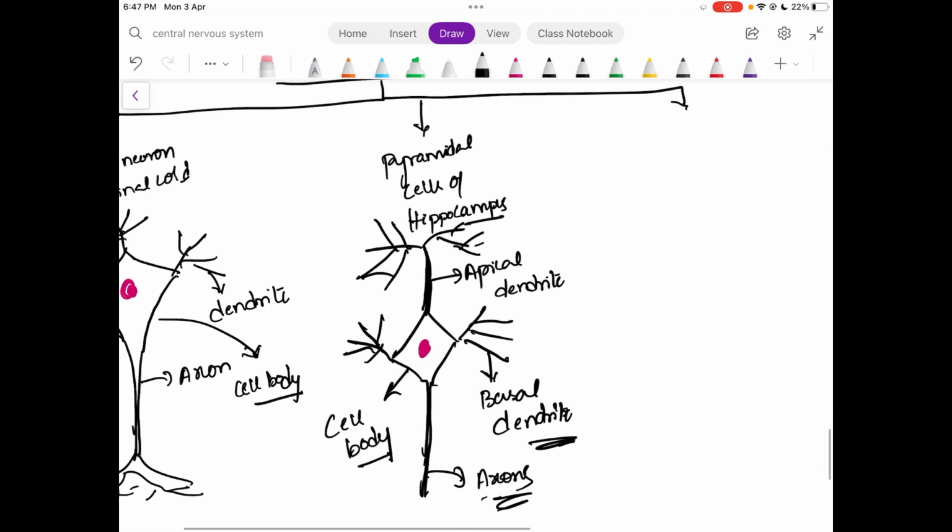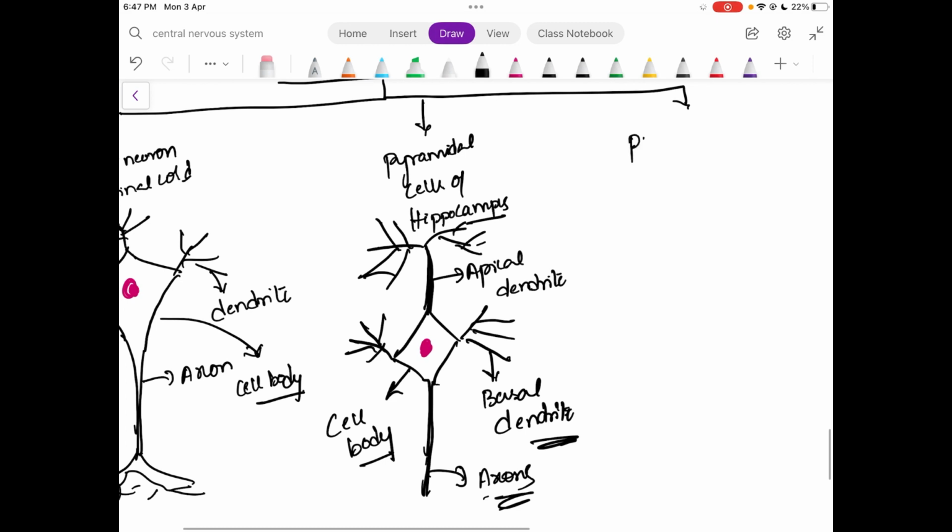Next, we have one more cell, that is the Purkinje cell of the cerebellum. These are present in the cerebellum.